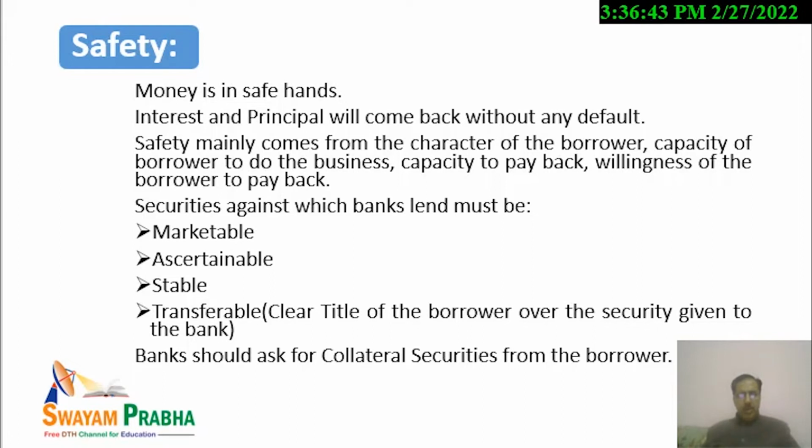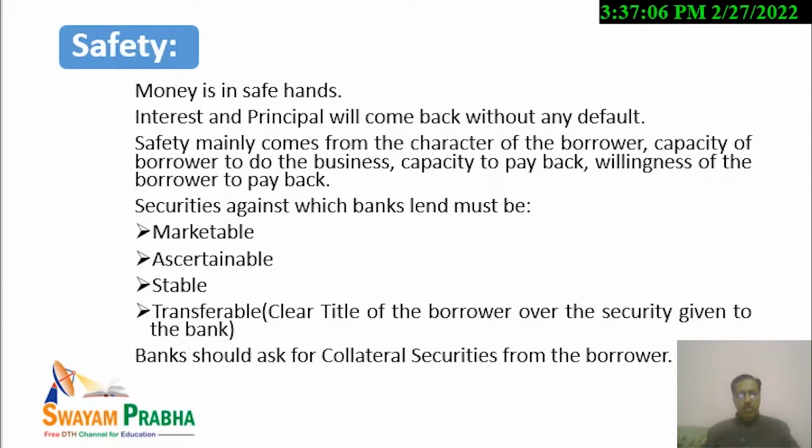If an asset is given by the person, then we will have to see that those assets, those securities, are marketable, their price is ascertainable and stable, and they are transferable.